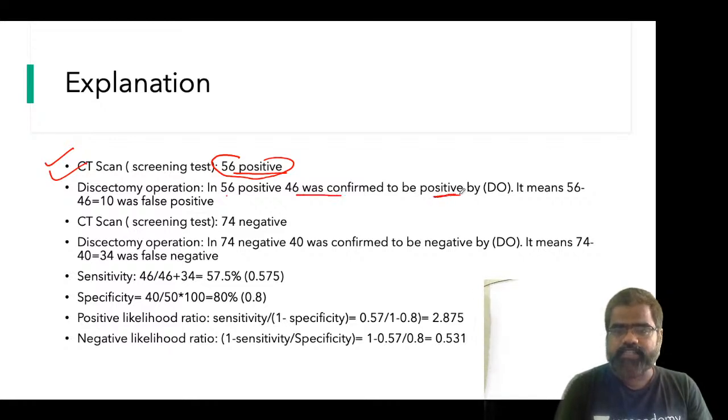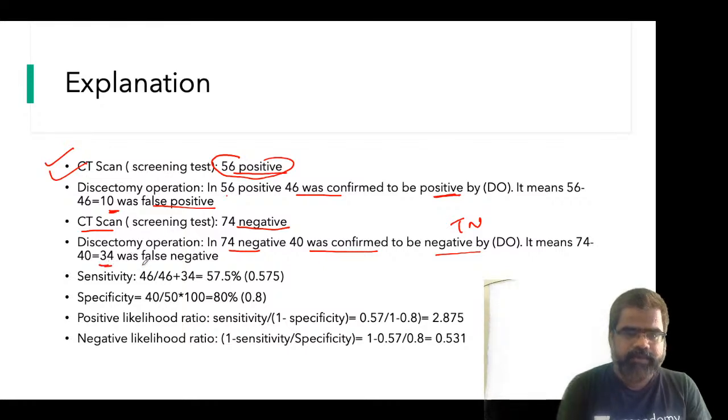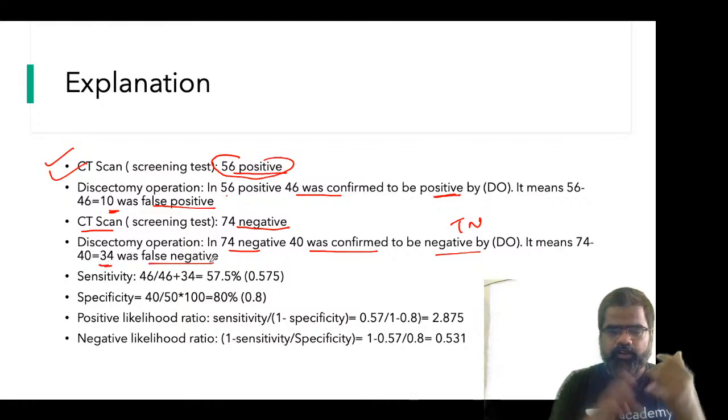Now when 46 are positive, what is the remaining 10? 10 is your false positive. Clear? Now again, CT scan said that 74 are negative. In 74, when I did discectomy operation, 40 were confirmed negative. So this is my true negative. It means 74 minus 40, which is 34, is my false negative. So I have my true positive, false positive, true negative, false negative.